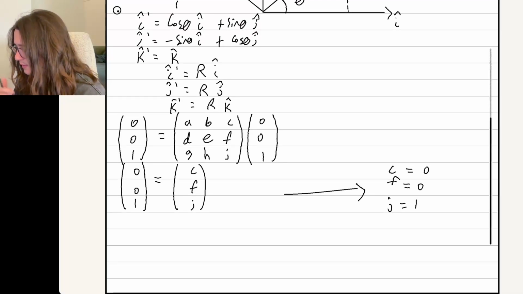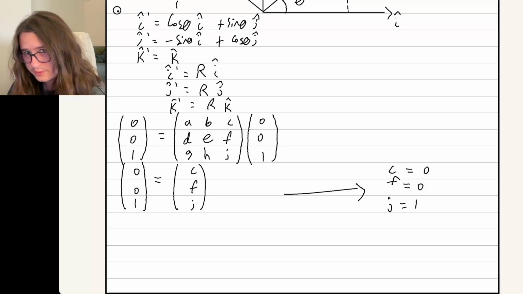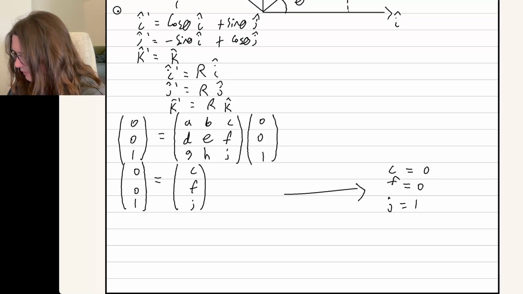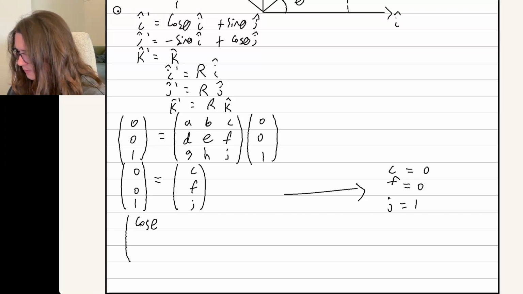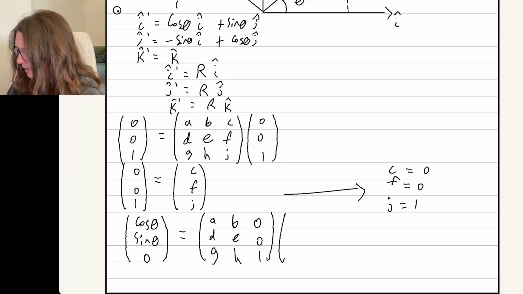So the next equation that we'll look at is i hat prime equals R times i hat. So that's going to be cosine theta, sine theta, 0 for i hat prime, equal to our rotation matrix, which is now just A, B, C, D, E, F, G, H, J with C and F as 0 and J as 1, times the original i hat vector, which is 1, 0, 0.